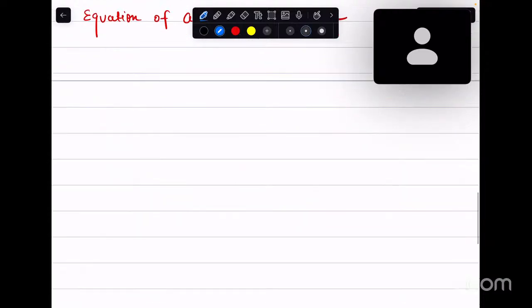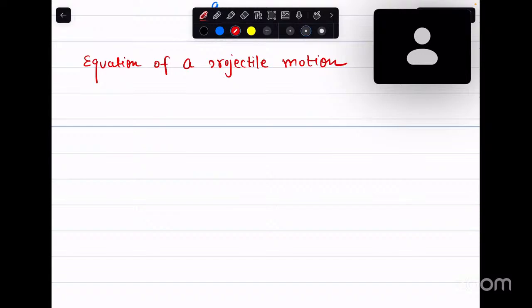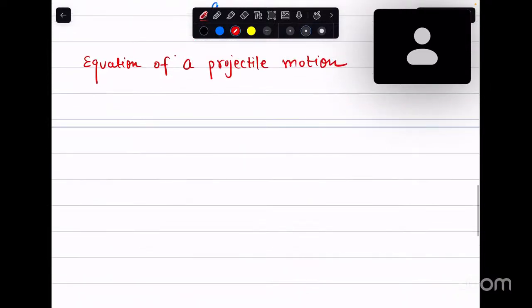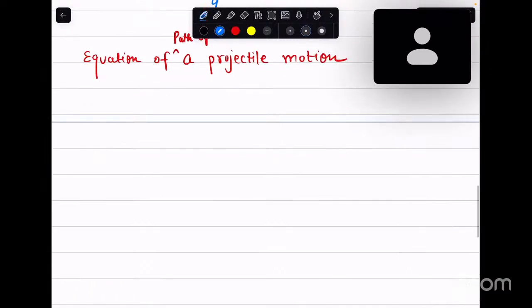In terms of x and y, the equation of a projectile motion, or equation of path of a projectile motion. To find the path, we have to find the equation in terms of x and y.